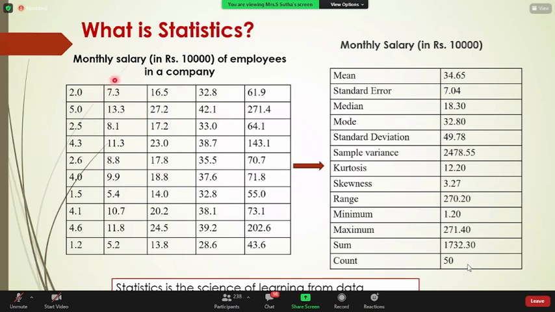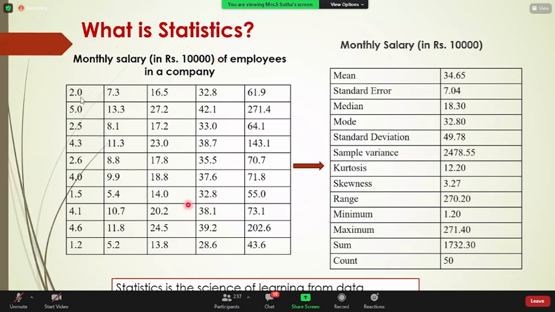Here we are collecting the monthly salary of employees in a company. Here we have data: monthly salary in units of 10,000 rupees, measured for employees in a company. We selected 50 employees, and from the 50 employees we have the salaries.